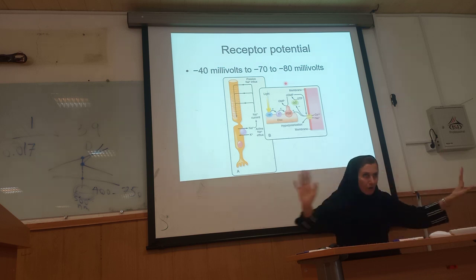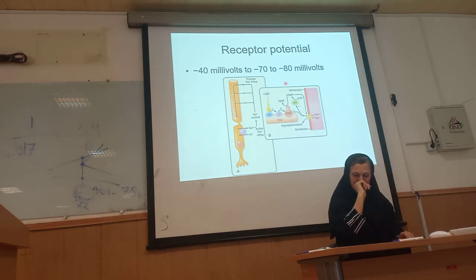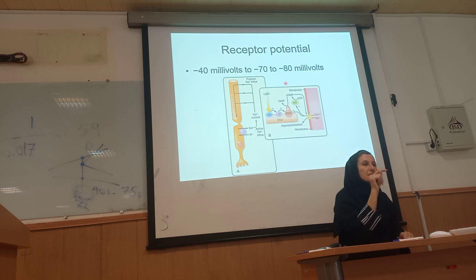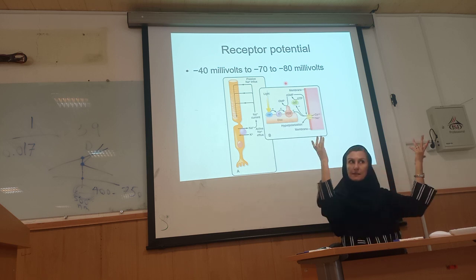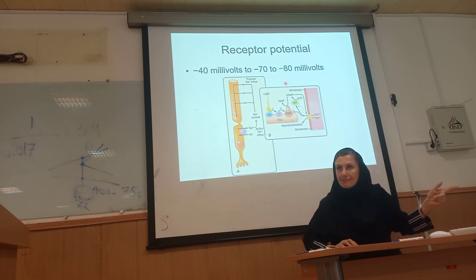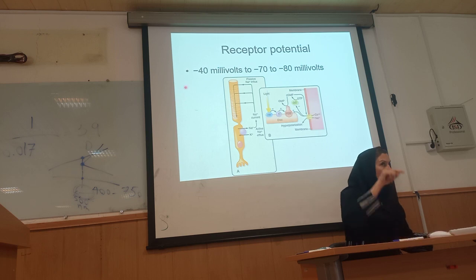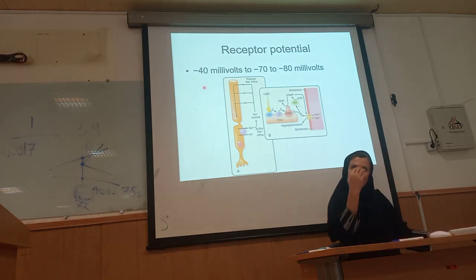In other parts of our body, when a neuron responds, the first response is depolarization. But here it is hyperpolarization. So the resting membrane potential was about minus 40, less negative.